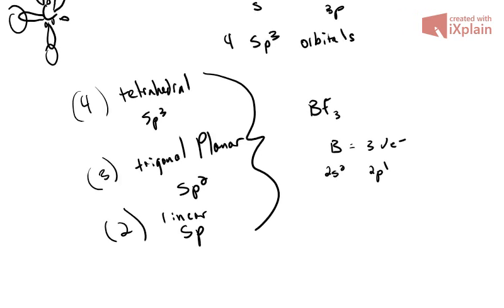And so it's going to form that electron getting excited. So it's going to have 1 s and then only using 2 of the p orbitals. It's only using 2 of the p orbitals. And then the same thing for a linear molecule.